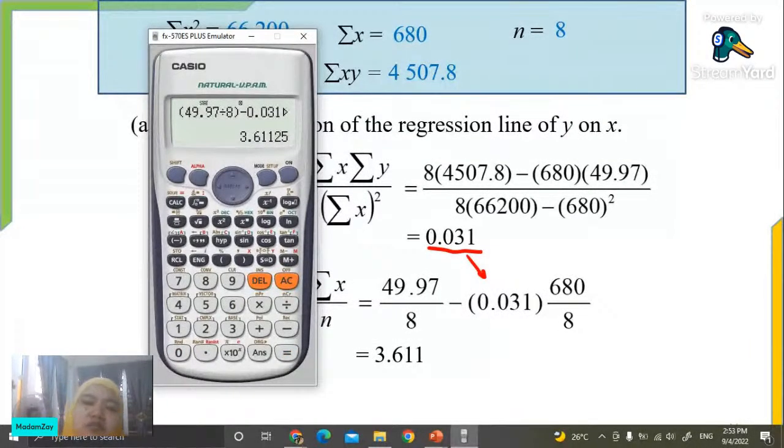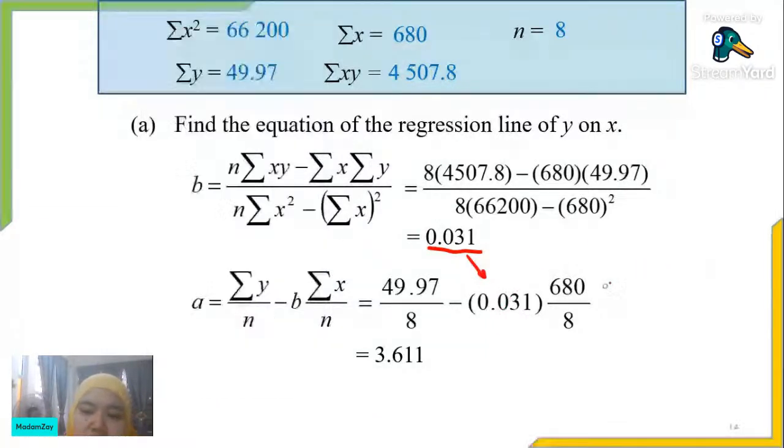You may check using a calculator for A, but the answer will be different. That's why we need to use the rounded-off value here. Now we have the value for A. So what is Y? Y cap is equal to A, which is 3.611, plus BX, so 0.031x.